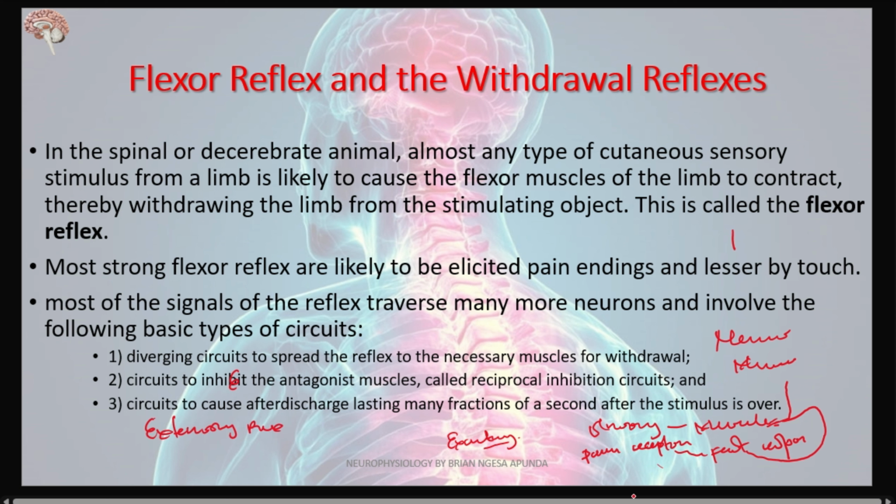So while at the same time we are involving the excitatory neurotransmitter, we can involve inhibitory neurotransmitters in the other group of the limb to be able to advance almost near to the offending agent. And we agreed that the reason why we need to advance almost adjacent to the offending agent is so that this limb is able to give us some form of support.